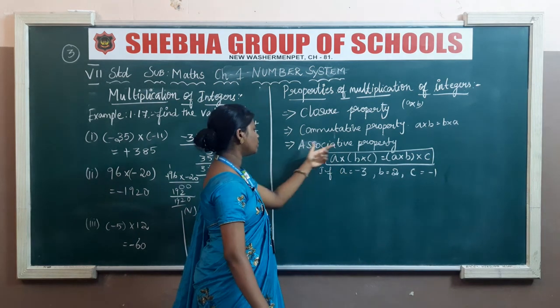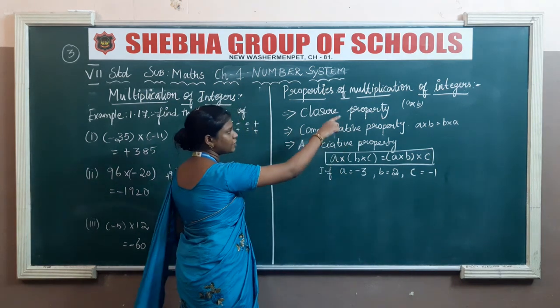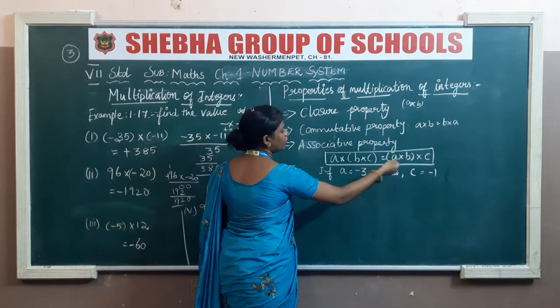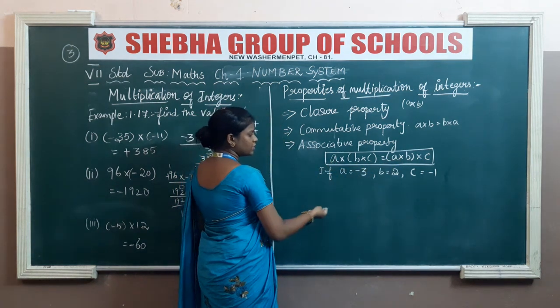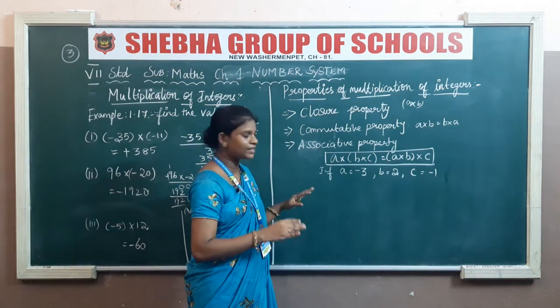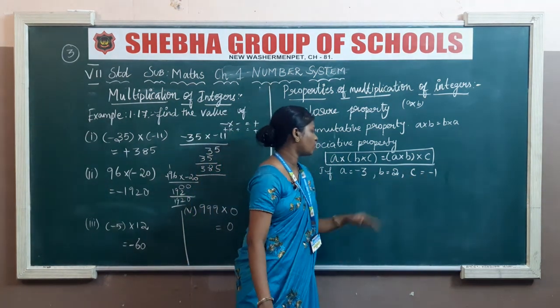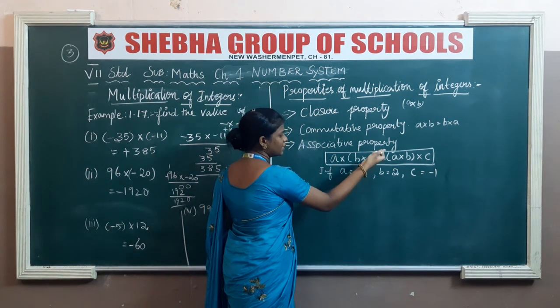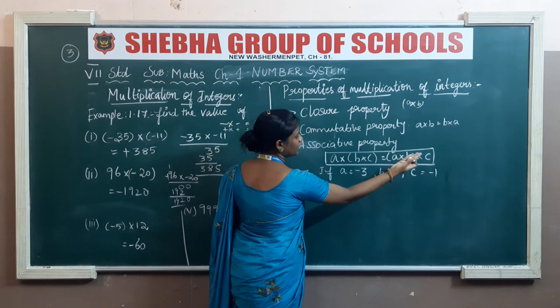Then the associative property. In properties of multiplication of integers, we are going to see the associative property. This is the form of the associative property, where there are three integers a, b, c. The format is a into b into c is equal to a into b into c.